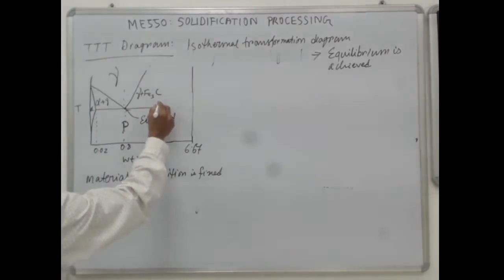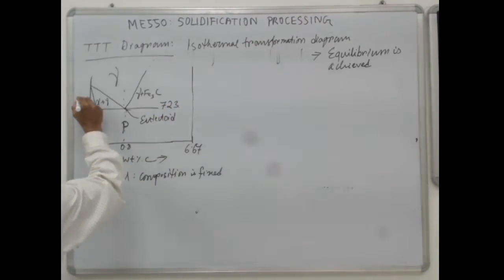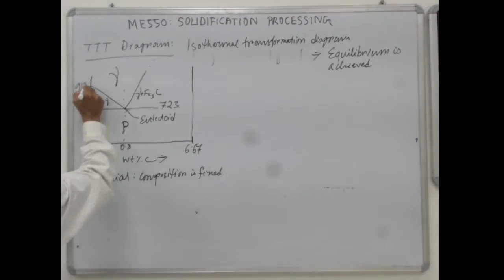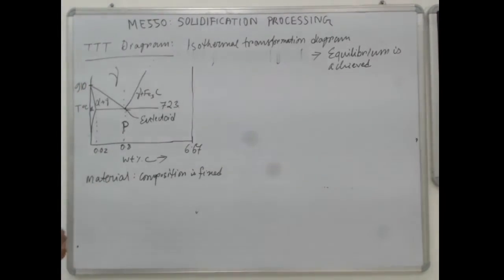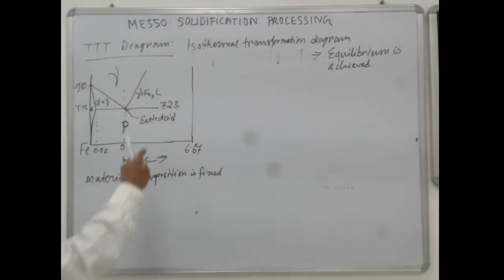So this temperature is around 723 degrees, or 727 in some books, degrees centigrade. Here it is 910 degrees centigrade. So on this line you have pure iron Fe, and then you see the carbon percentage increases, and then you get different types of phases.